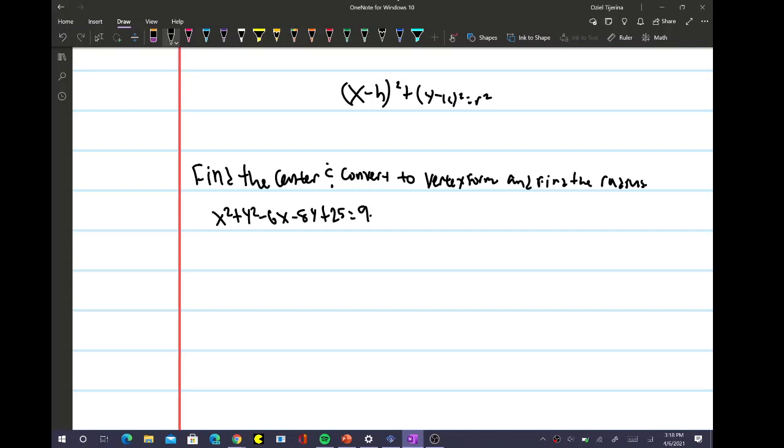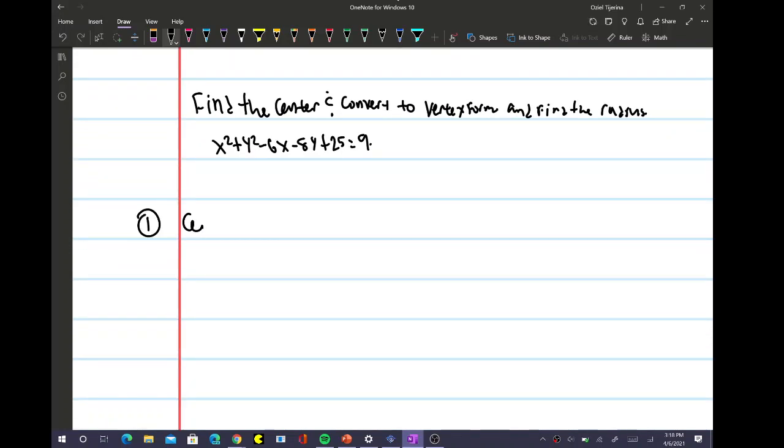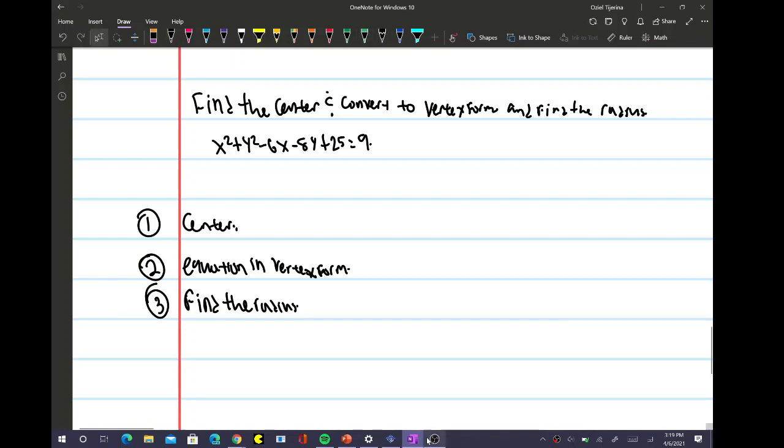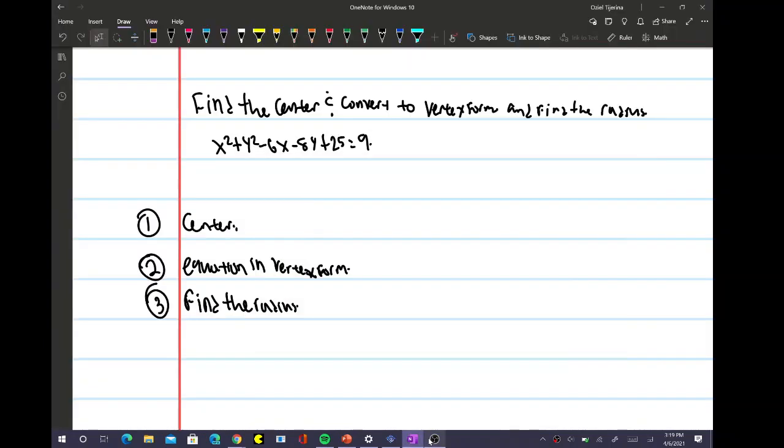So there are 3 things we need to do. Number 1, we need to find the center. Number 2, we need to find the equation in vertex form. Number 3, we need to find the radius, right?